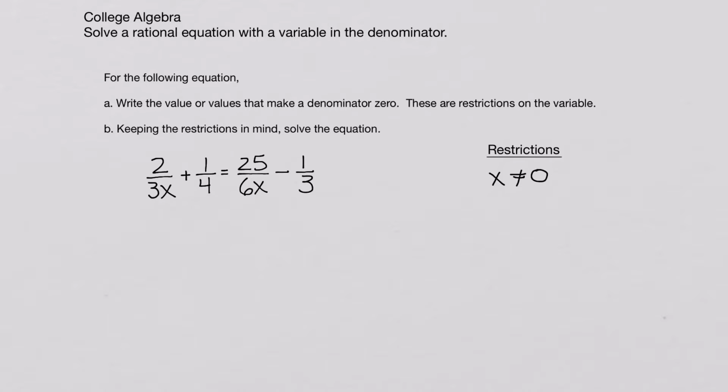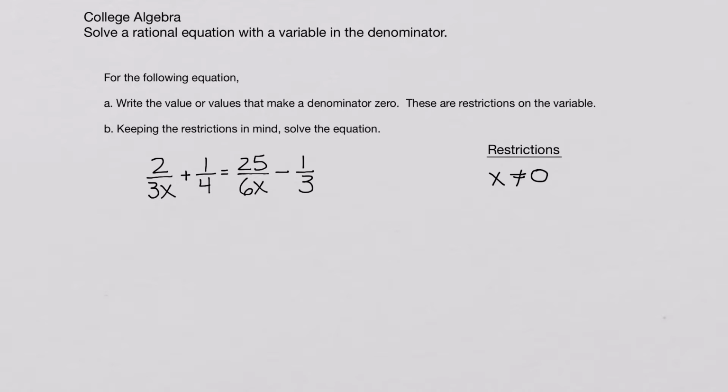Okay, so now I'm ready to start solving this equation. I have x cannot equal 0 under my restrictions. So what I'll do is I'll look at my equation and see what can I multiply both sides by to eliminate the fractions, because it's a lot easier to solve this if we don't have fractions. So I find the least common denominator, even though I'm not going to change the denominators.